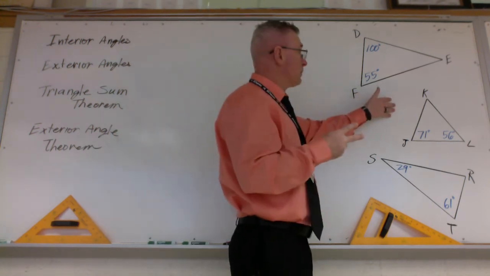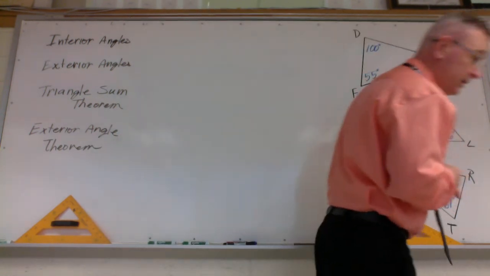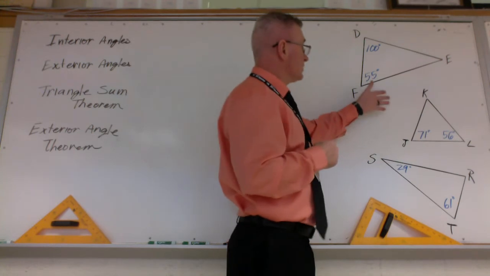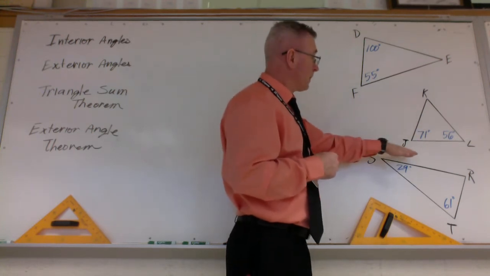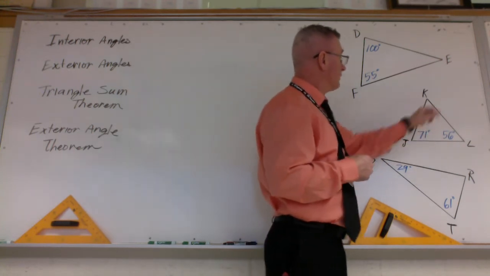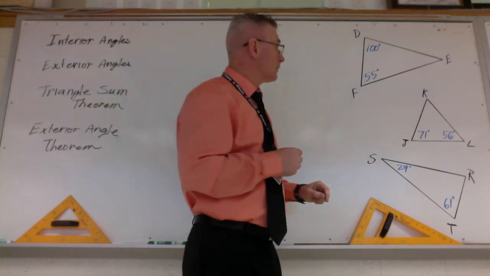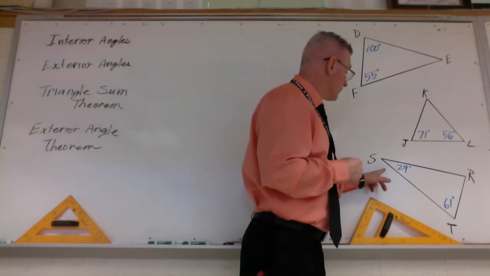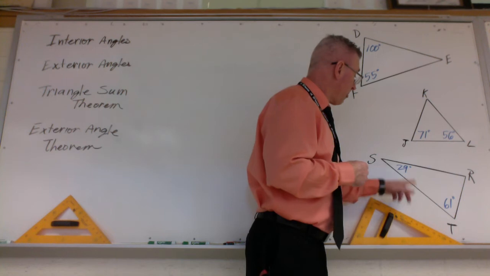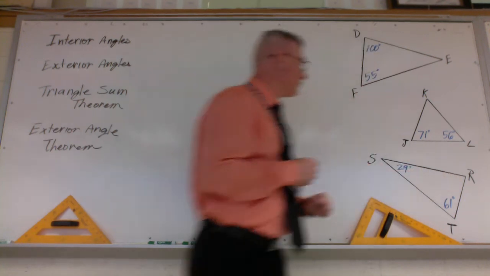The second example that they have on page 355 is JKL. If we know these two, can we figure out angle K? Also, the third one, SRT. If we know these, can we solve that?